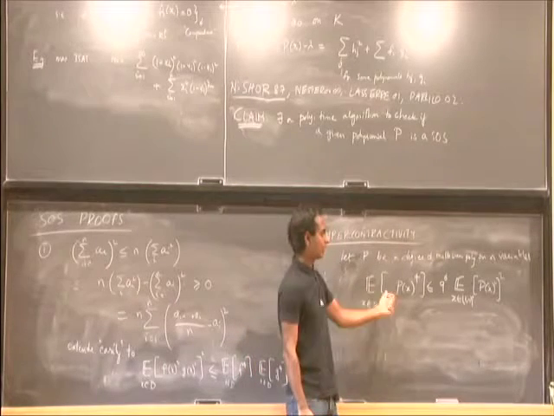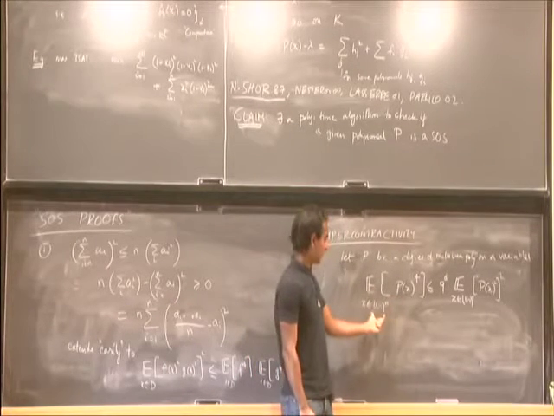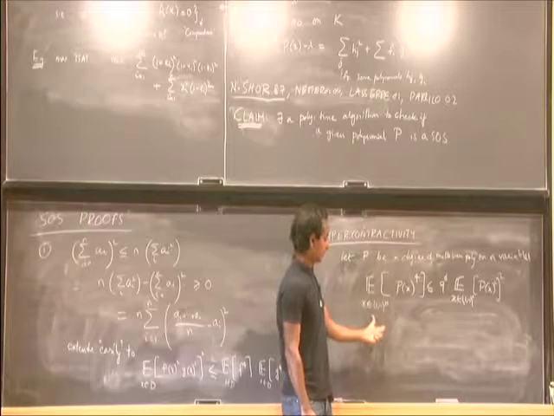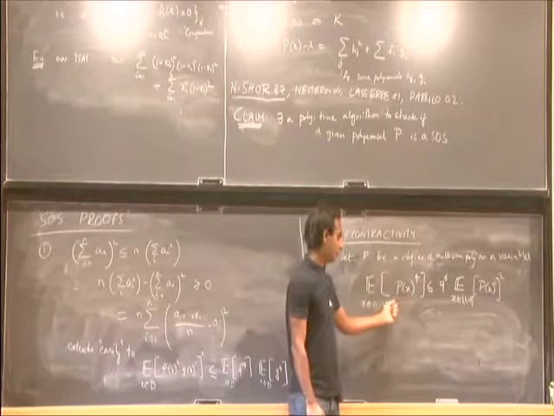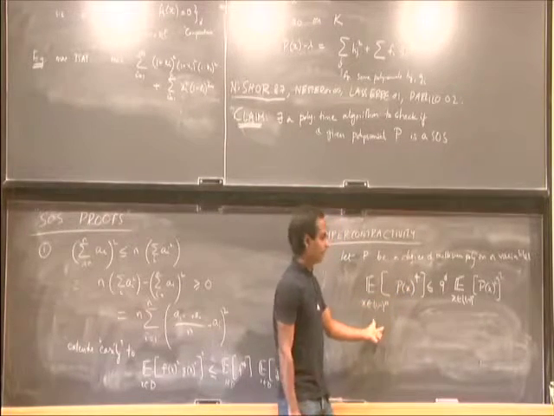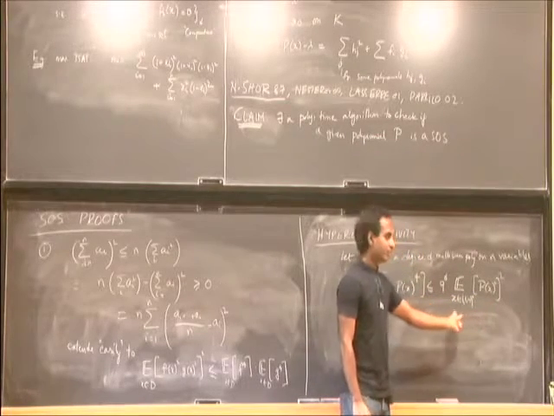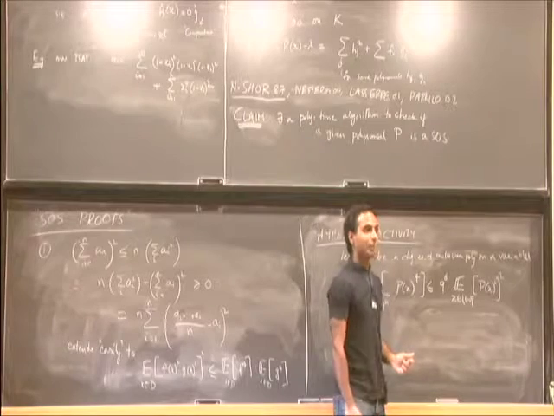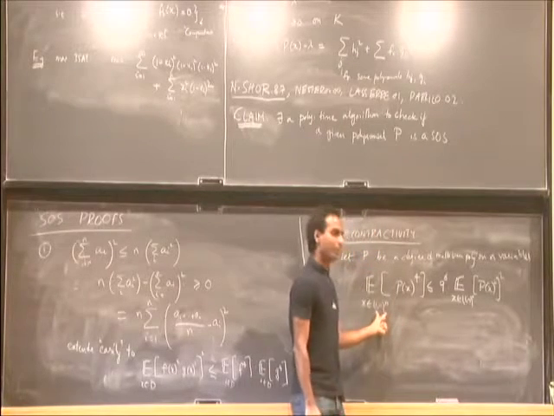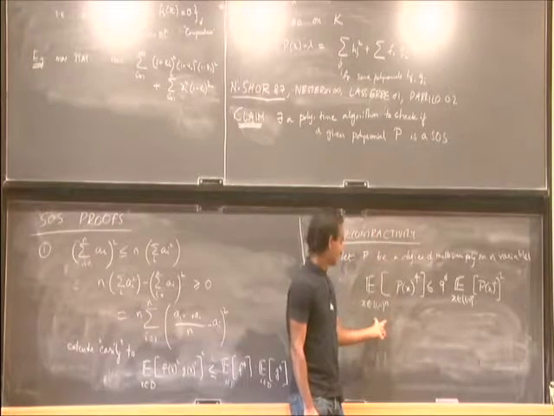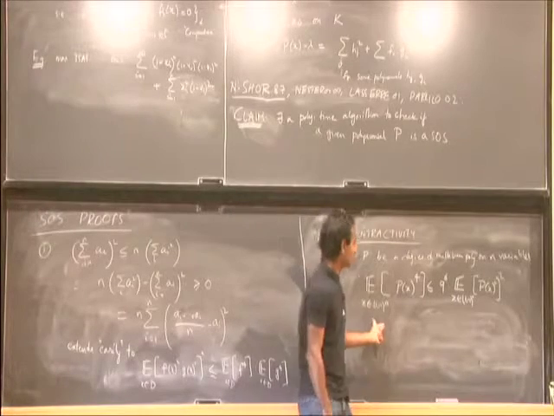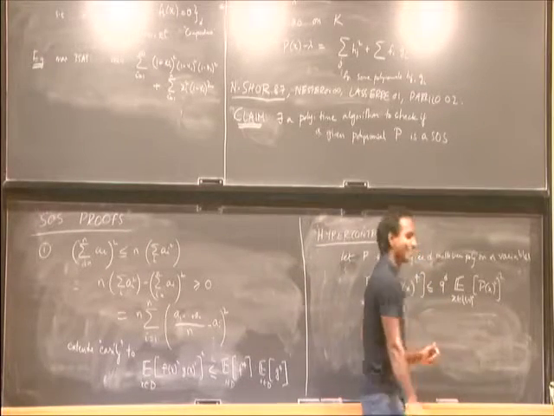So this is the inequality I want to prove: that the expectation of the 4th power of a degree d polynomial over the hypercube can be bounded in terms of the variance. Okay. So over the hypercube, {-1, 1}^n.